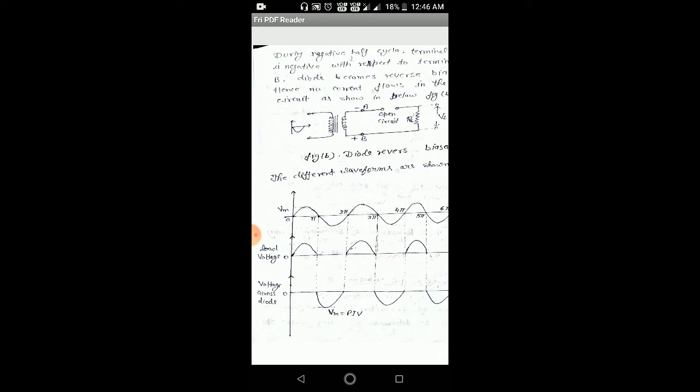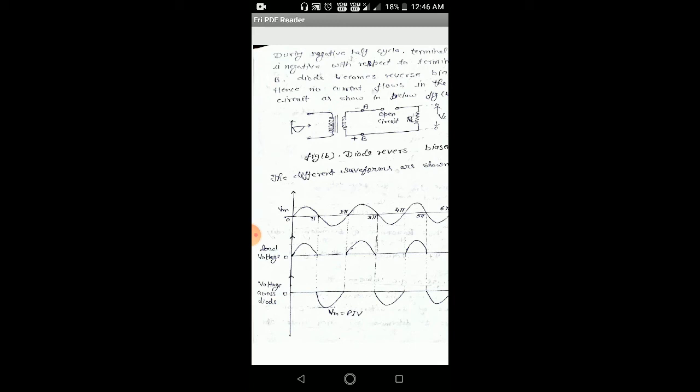For the positive half cycles we have the output, but for the negative half cycles we do not have the output, so we have no load voltage. So we have the load voltage from 0 to pi, from 2 pi to 3 pi, from 4 pi to 5 pi, and so on. But from pi to 2 pi, or 3 pi to 4 pi, or 5 pi to 6 pi, the output will be 0.